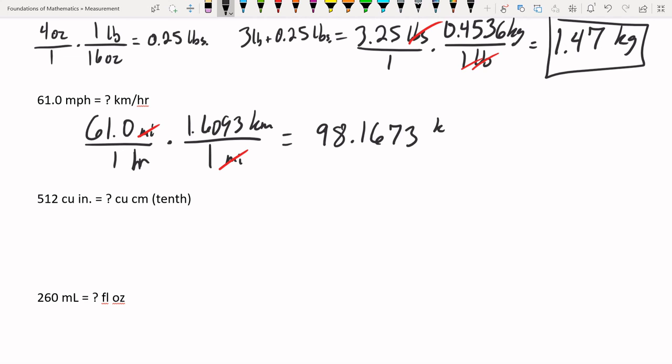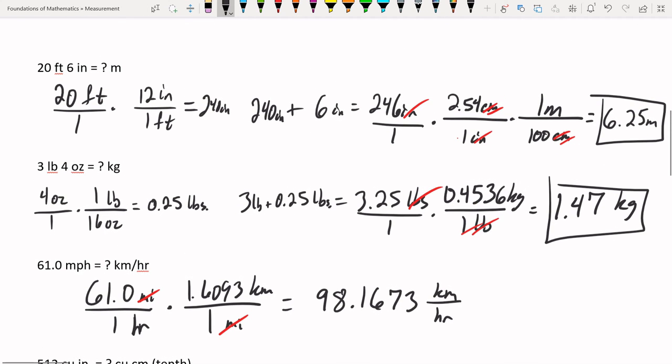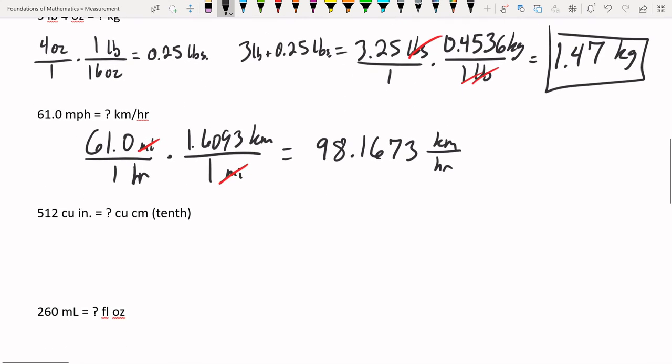98.1673 kilometers per hour. Now for these units, I didn't do the previous ones because those were 20 feet 6 inches, and then 3 pounds 4 ounces. But this one here has 61.0 miles per hour. We can actually use significant figures to find out how many places and where to round to in the very end.